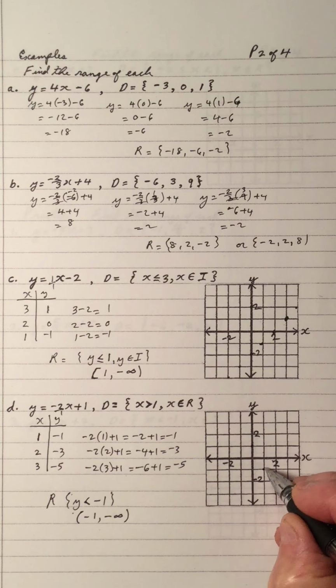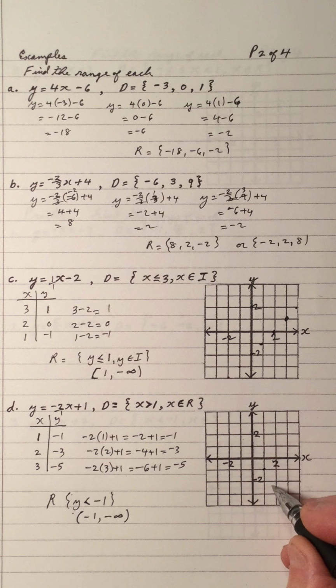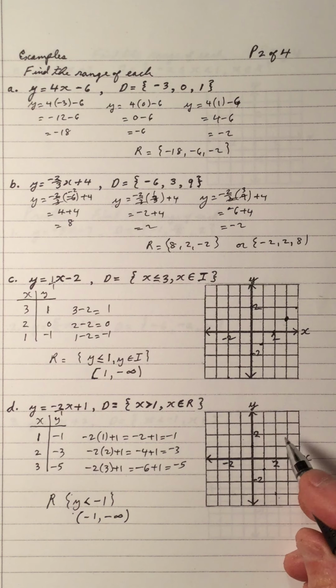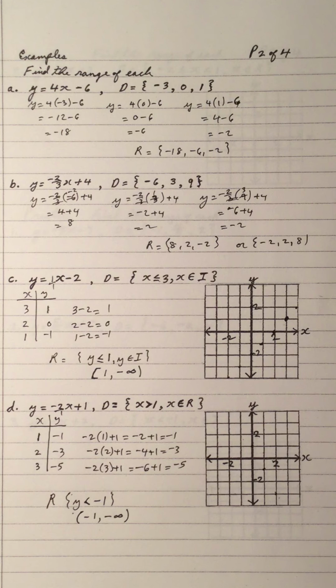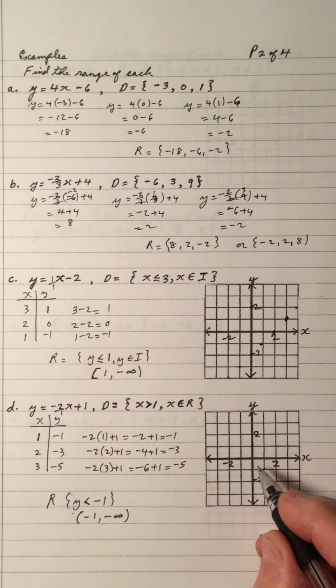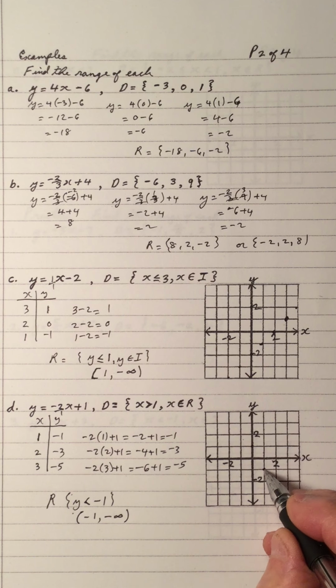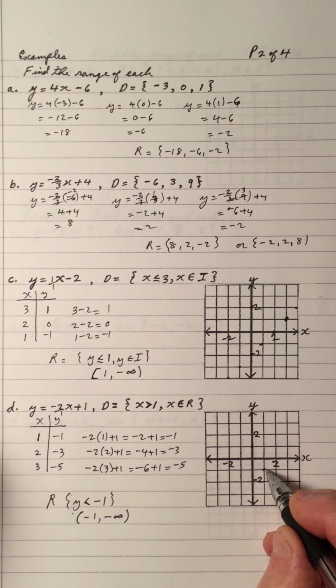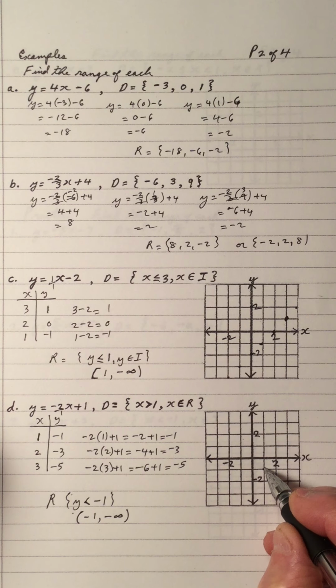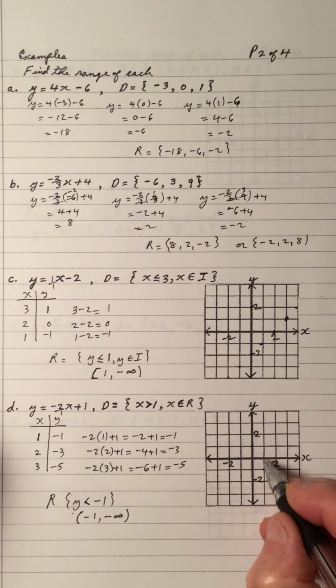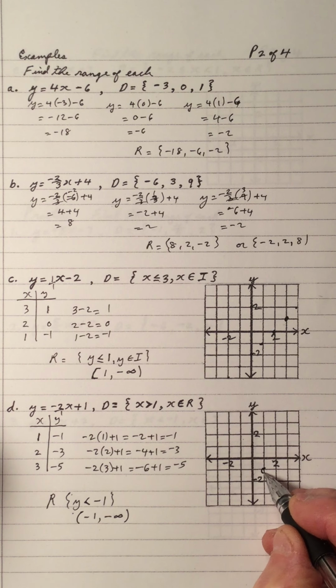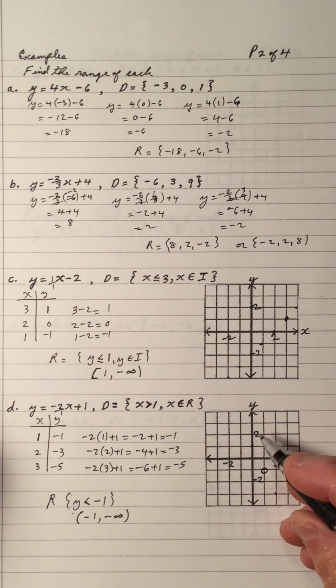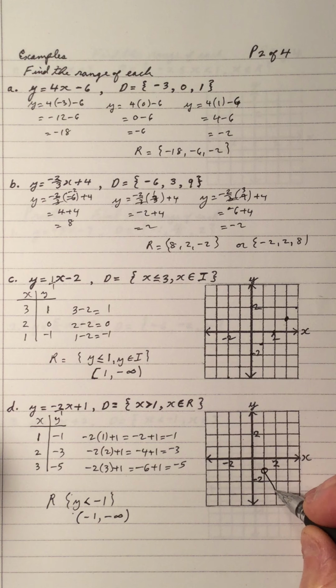So this line through these dots is what we're talking about, but we can only start at -1 where x is 1 and greater. So this graph starts right here, but we're not allowed to have that point. That's a hollow dot, and this is the graph that represents it.